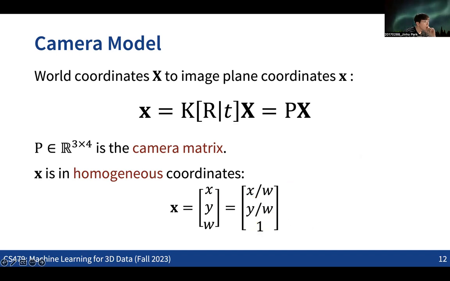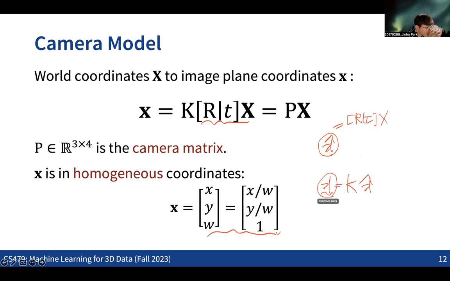The reason we do this is that when you have the normalized coordinates, this is basically R t times x. Then this times K becomes the 2D coordinates. By the combination of this multiplication and the normalization, dividing by the W, we can see the results of the projection from the 3D to the 2D.